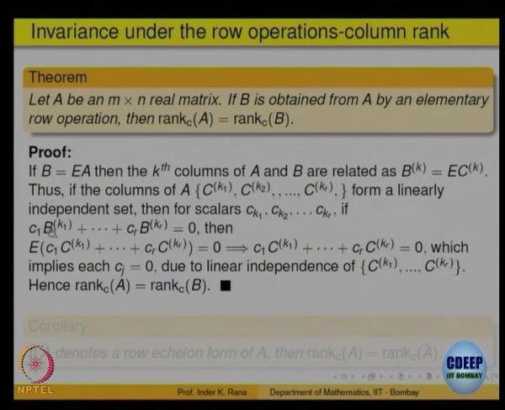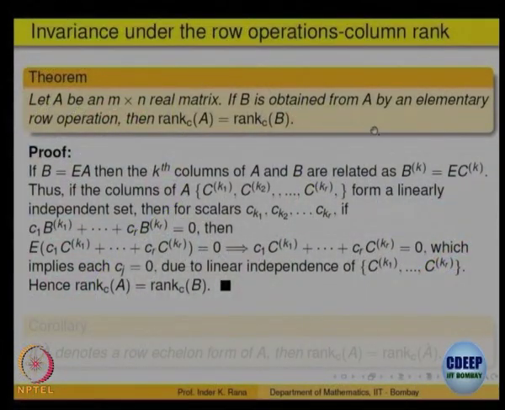So what we have shown is if c1 Bk1 plus cr Bkr is 0, then all the scalars are 0, provided the original ones were linearly independent, right. So this is a proof that if you start with some collection of linearly independent columns of A and transform them by elementary row operations, the corresponding transformed columns still remain linearly independent, right.